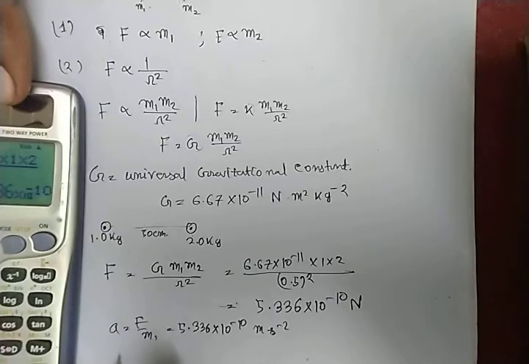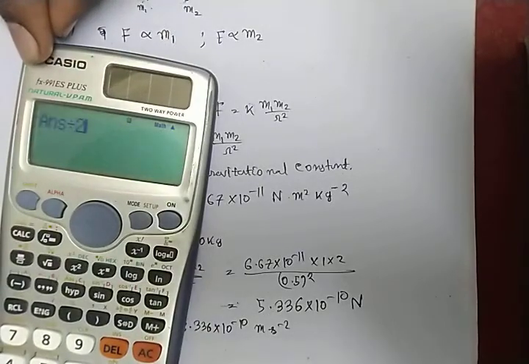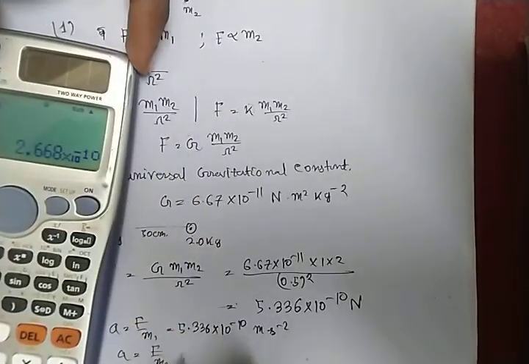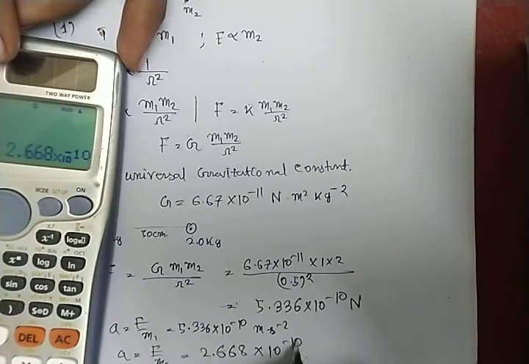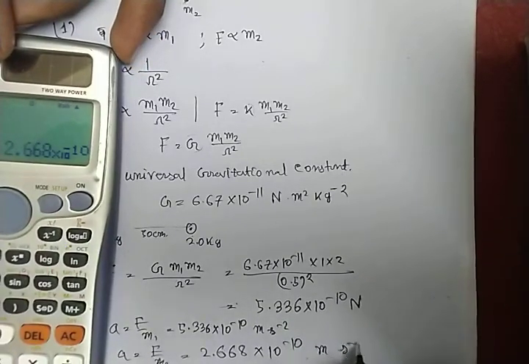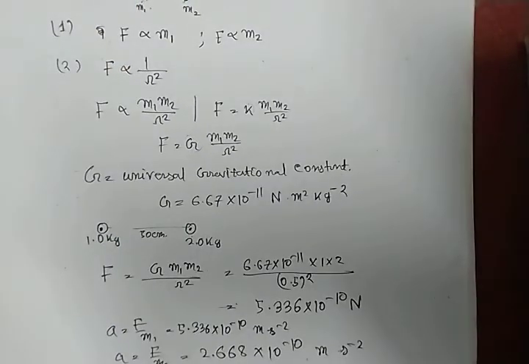And the acceleration of the second object is F by m2. We'll just divide this expression by 2, and this gives us 2.668 times 10 to the power minus 10 meter per second square. So this is the answer to the problem.